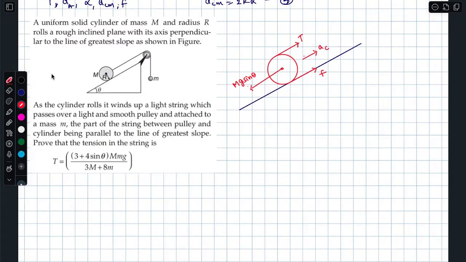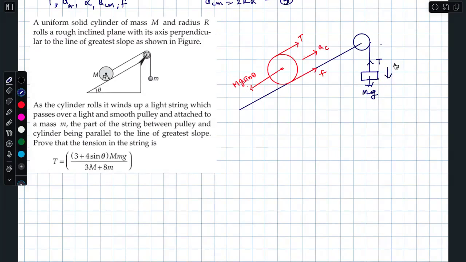And now this is the pulley. Light and smooth pulley, fortunately. Therefore, what will happen is, here in this case, tension.